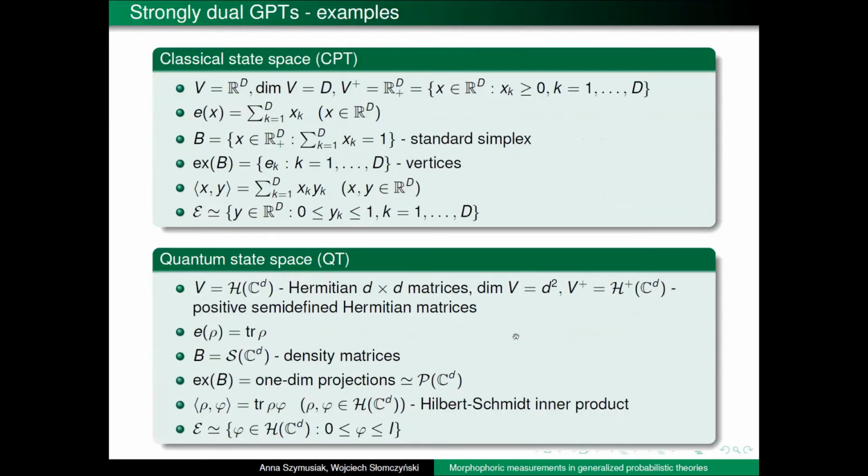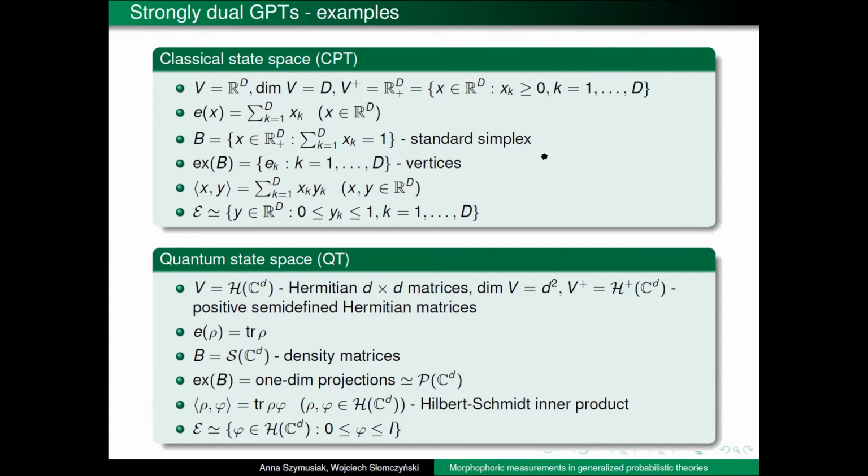Now I would like to give you some examples of these strongly dual GPTs, and I think two of them are the most important. The first is the classical state space, and here we have Euclidean space with the natural positive cone, and the space of states is just the standard probability simplex.